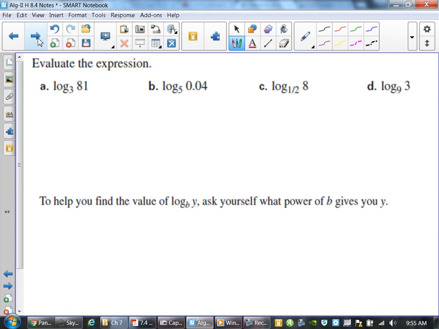You ask, what power of the base gives you y? So here, 3 to what power gives you 81? These would be the types of questions I would ask you non-calculator, because there's stuff you're going to be able to figure out. So 3 to what power is 81? 4, good.